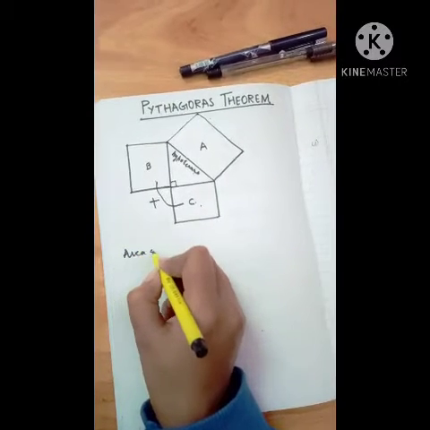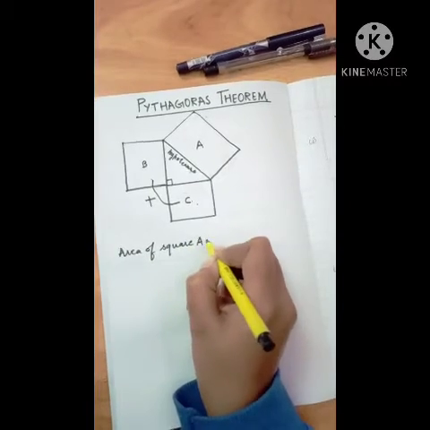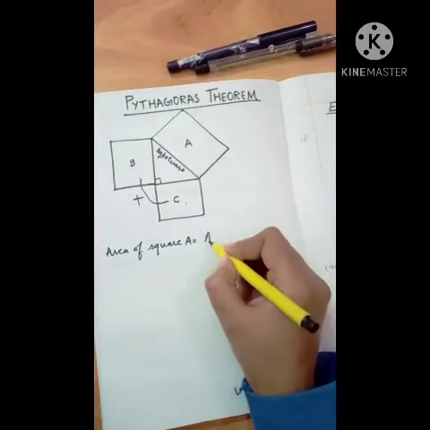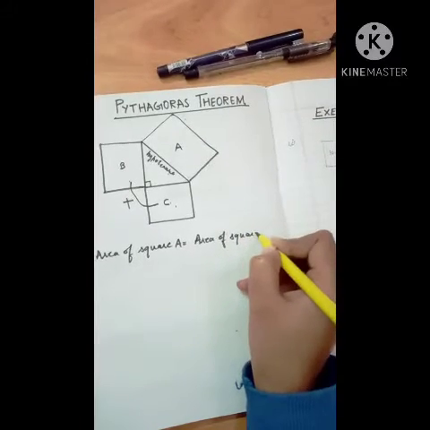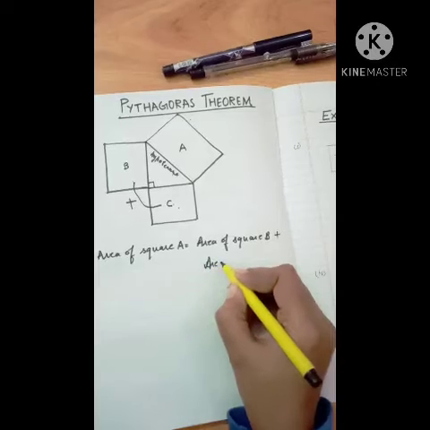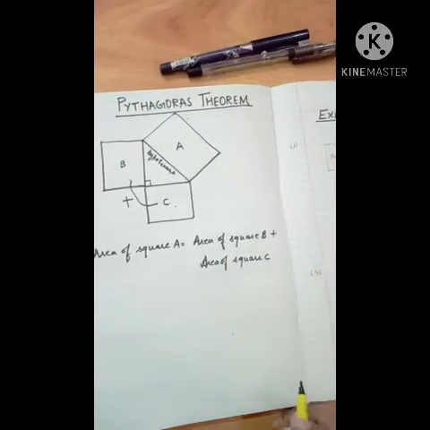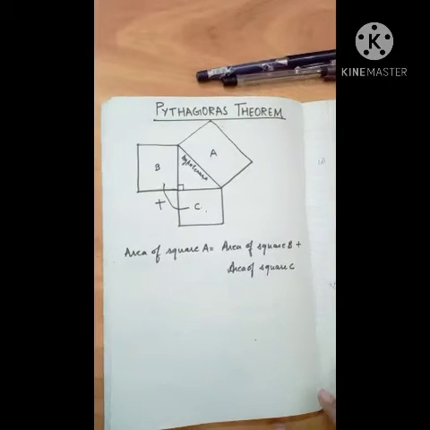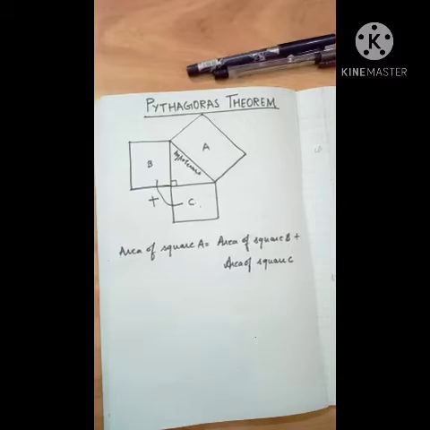It means the area of square A is equal to the area of square B plus the area of square C, right? So this is called the Pythagoras theorem.